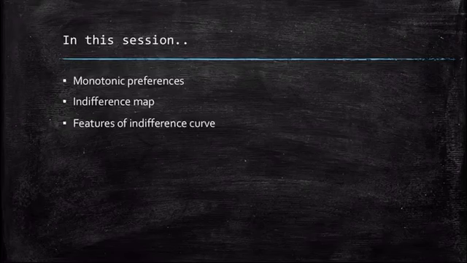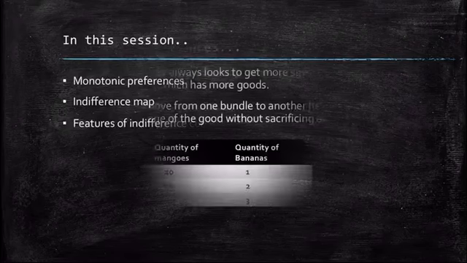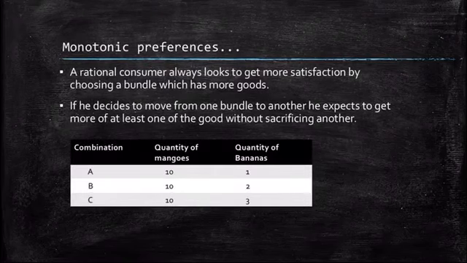To start with, can you remember that in the beginning of this chapter, we learnt that a rational consumer always chooses a commodity or a bundle which offers him the highest level of satisfaction. Yes, it's true.